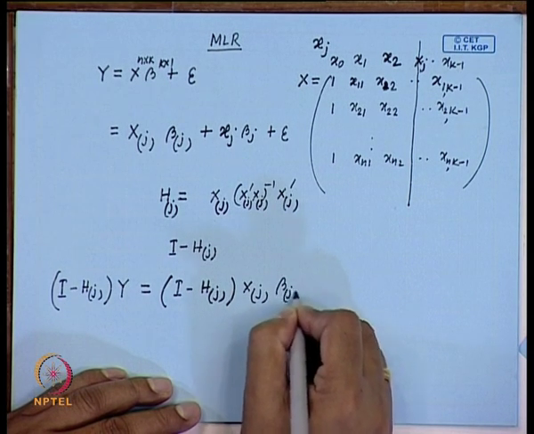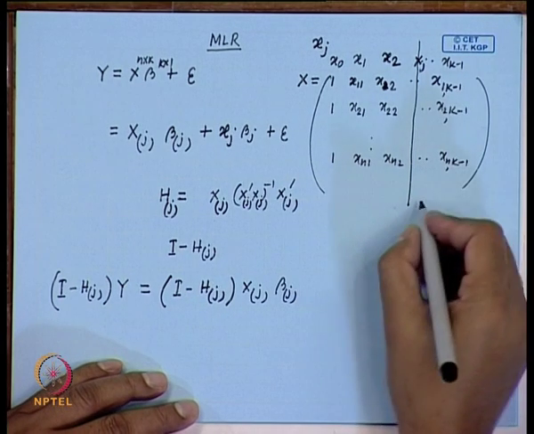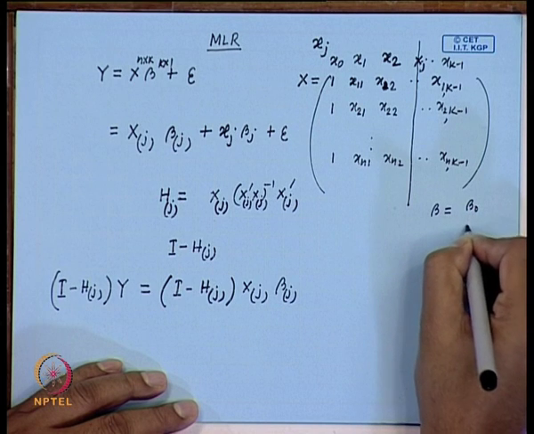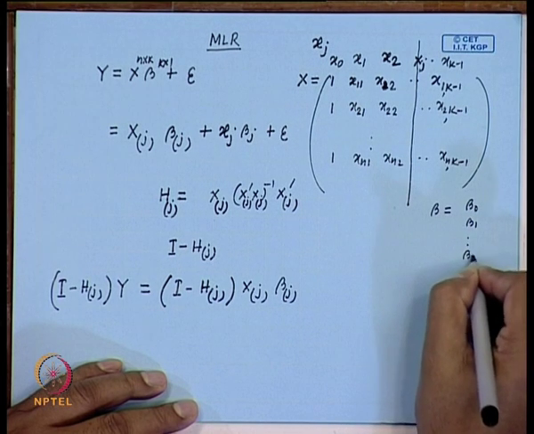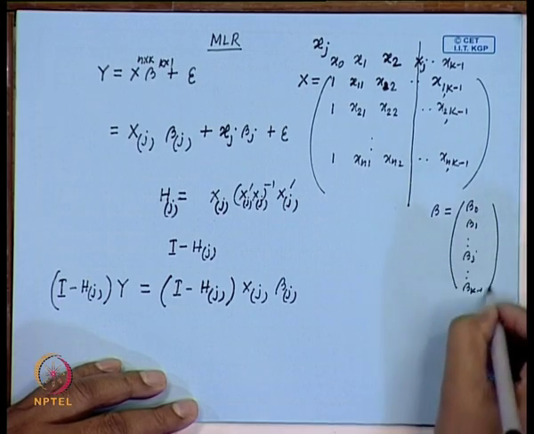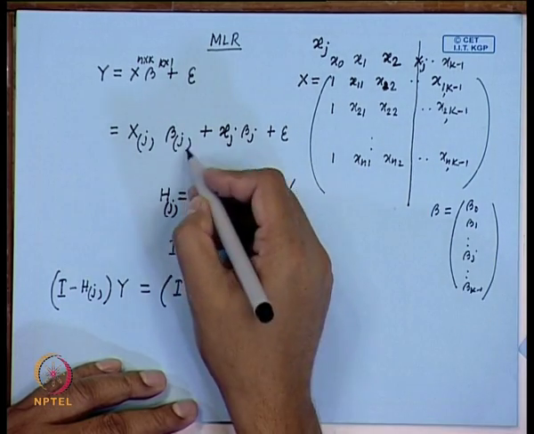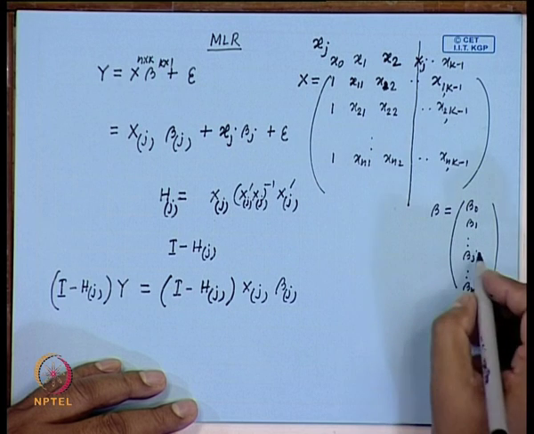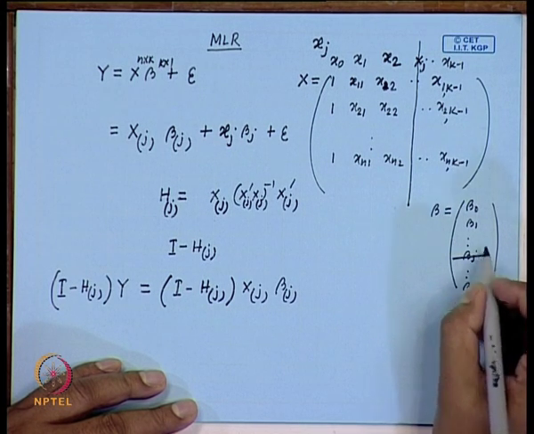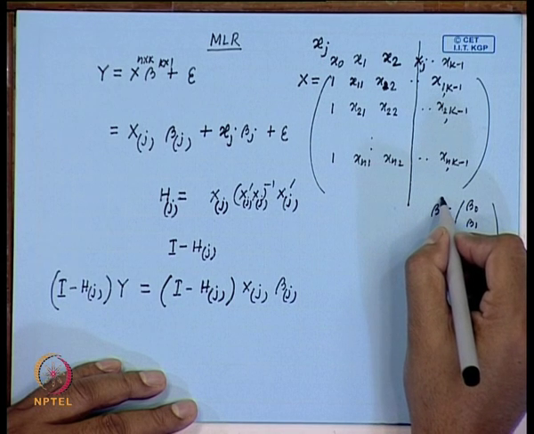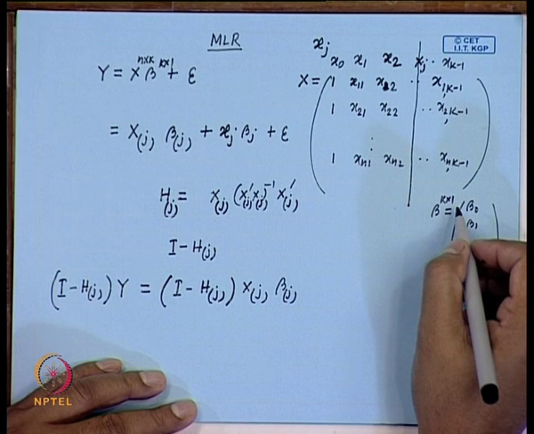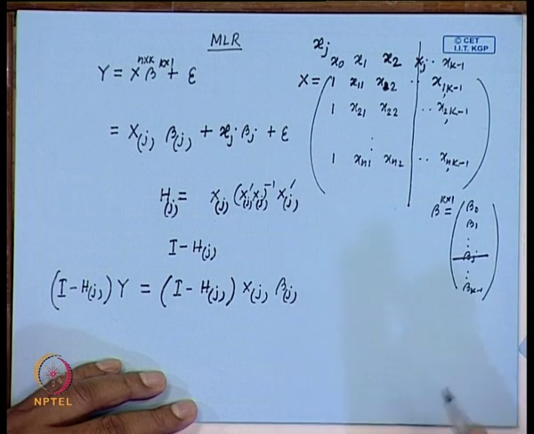β_j. So, see what I told, β consists of originally β_0, β_1, β_j and up to β_{k-1}. And this β_(j), with the bracket, is nothing but the same vector, just removing the jth one. So before it was, for example, k cross 1, now it will become k minus 1 cross 1, right.